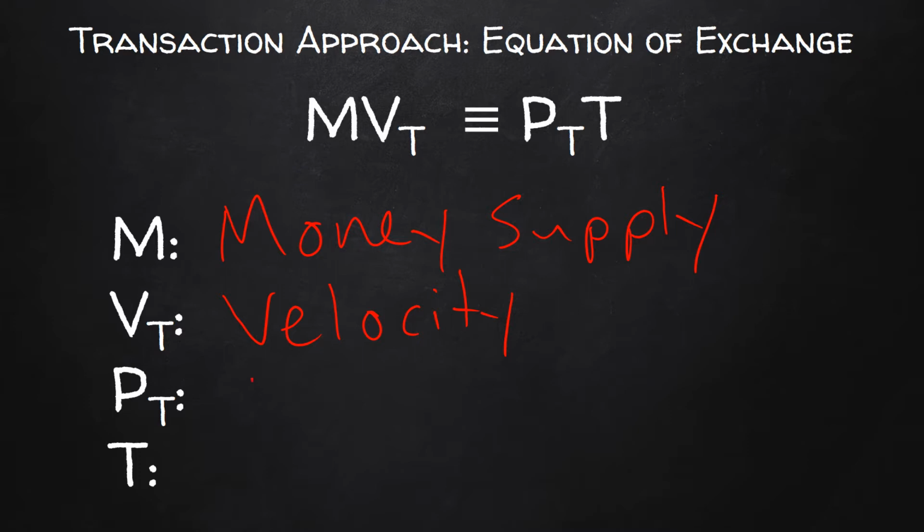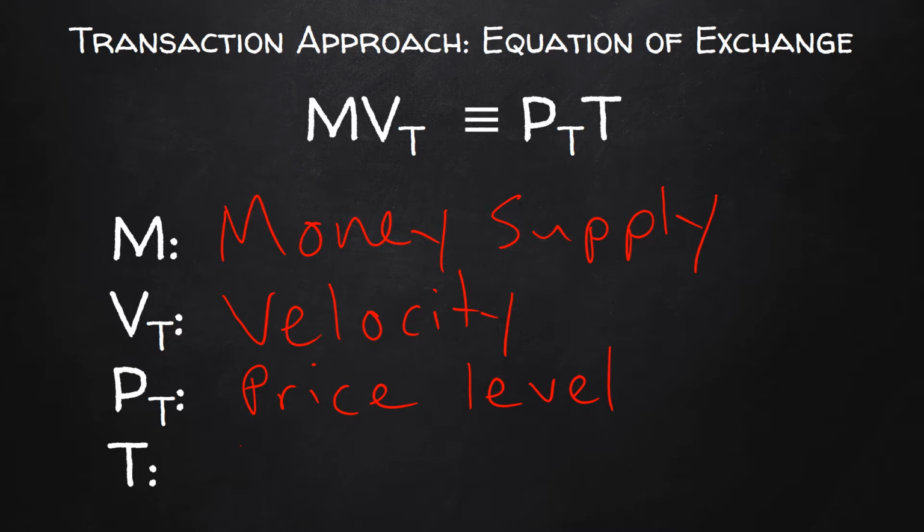And then P is our price level, or the overall net of our transactions in this case. So we're looking at the price level that is represented by the GDP deflator or CPI, however we're measuring these things, but the concept of price levels is in there.